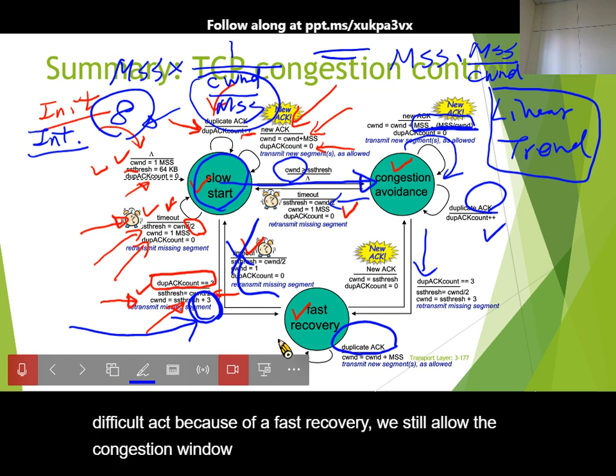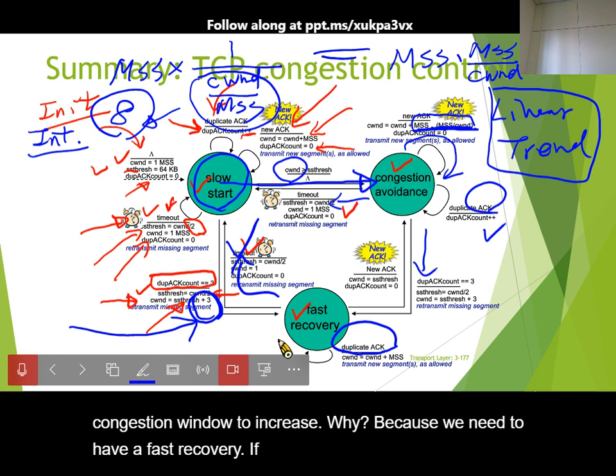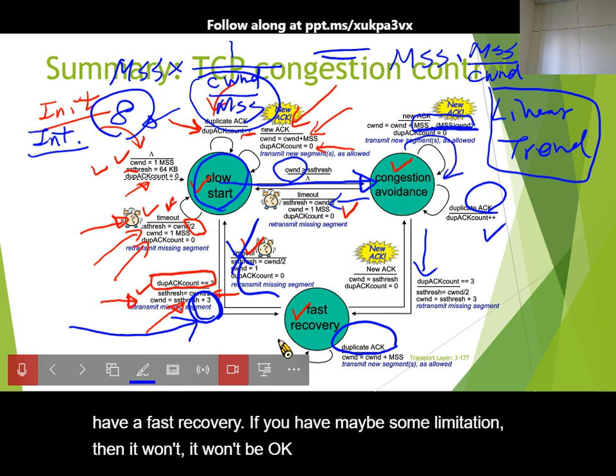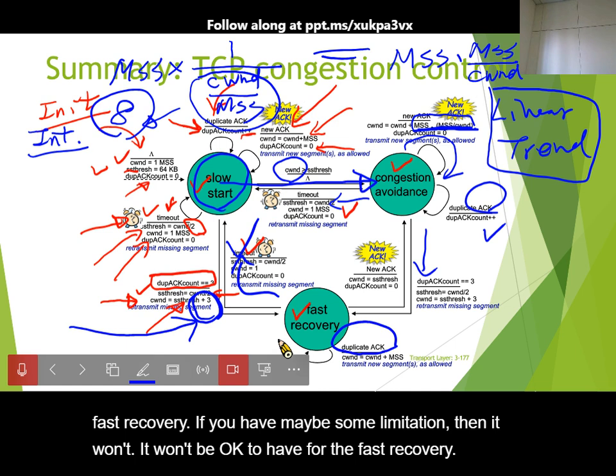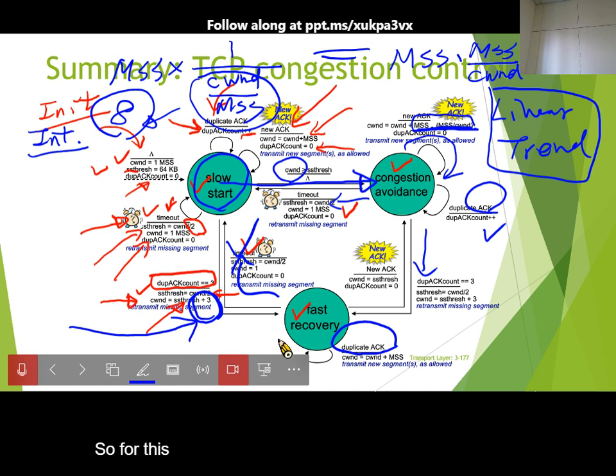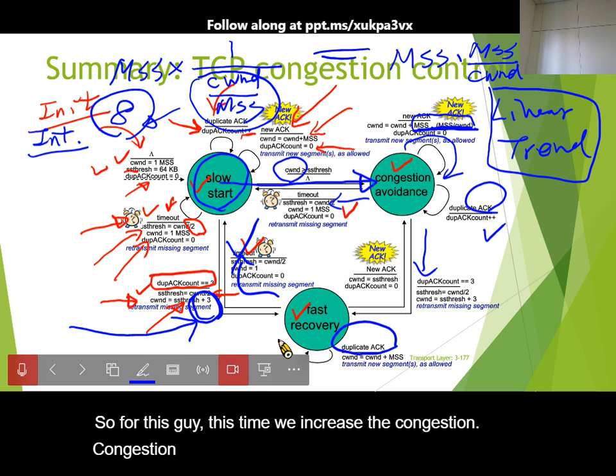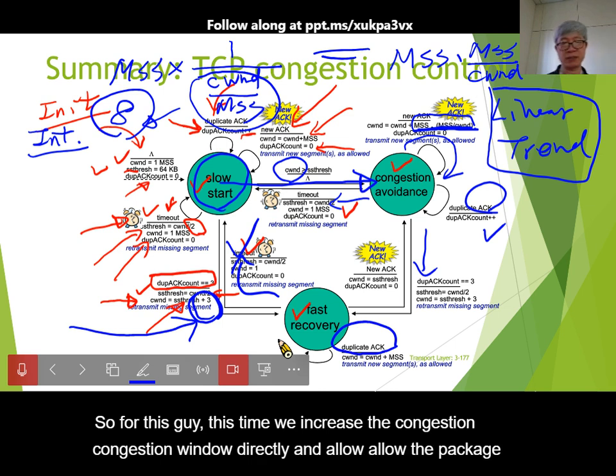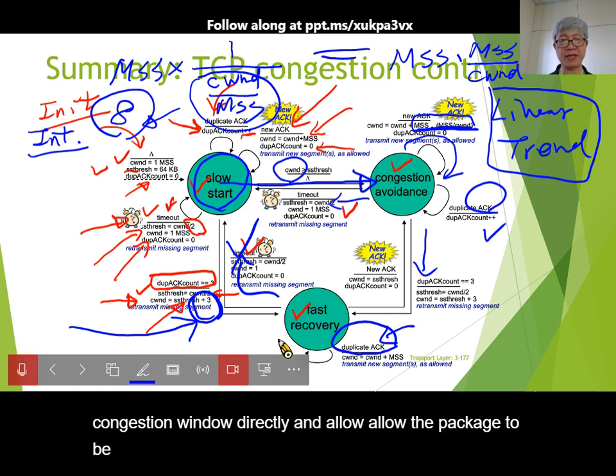Why? Because we need to have a fast recovery. If you have some limitation, then it won't be okay to have the fast recovery. So for this case, this time we increase the congestion window directly and allow the packet to be transmitted. So this one we have for the special treatment.